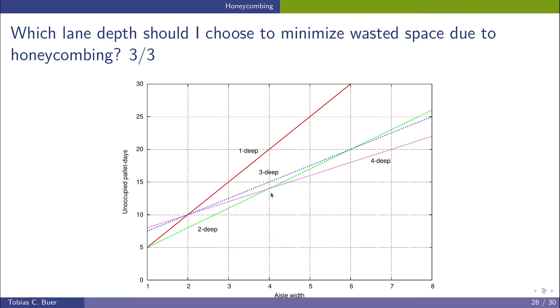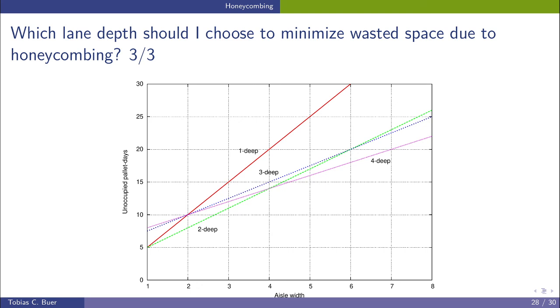That means as long as our aisle width is smaller than 4, we should go for 2 deep lanes, and if our aisle width is for some reason bigger than 4, then we should go for 4 deep lanes, under the assumption that we care most about the wasted space, and again under the assumption that we have this demand cycle of 4 units per 4 periods.